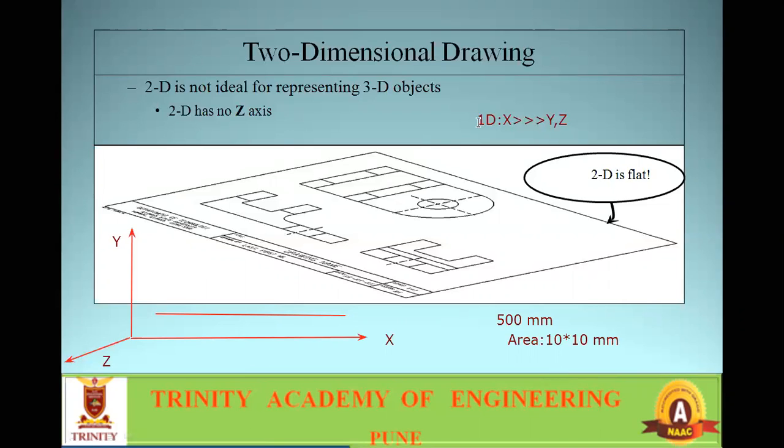Okay, now next we'll go for another thing, that is 2D. In that, x and y are comparable to each other and they are greater than the third direction. So that is called 2D. No need to draw an extra drawing for this. See, this is the whole sheet.